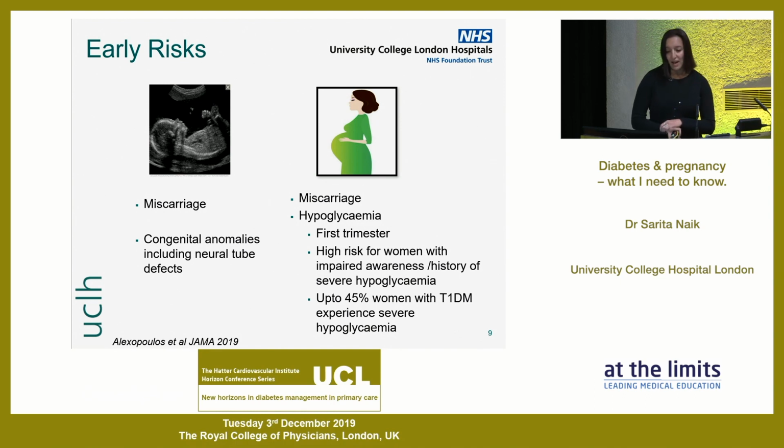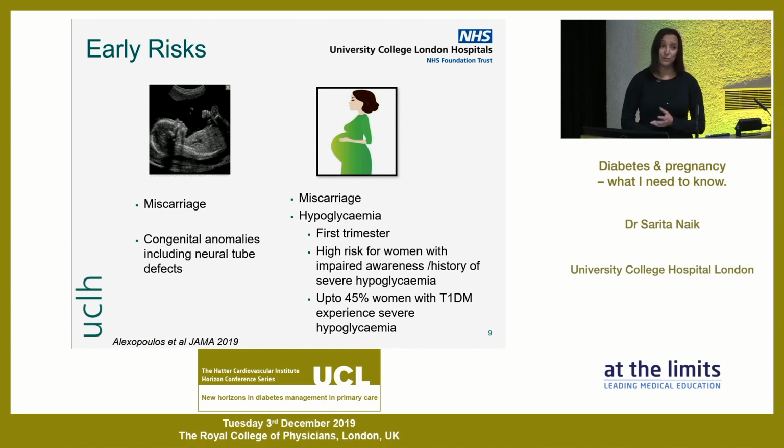For women, the other early risk is hypoglycemia, and that's probably more so for the women with type 1 diabetes. It's a high risk if you've got previous impaired awareness of hypoglycemia. It's also high risk if you've got a history of severe hypoglycemia. So if you've had a hypo where you needed third-party assistance, you're more likely to have problems in that first trimester.